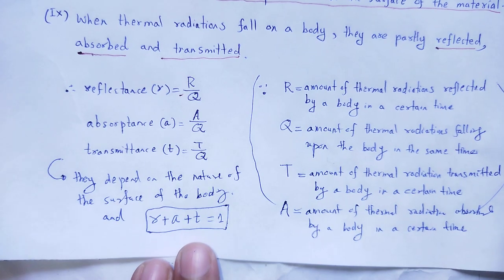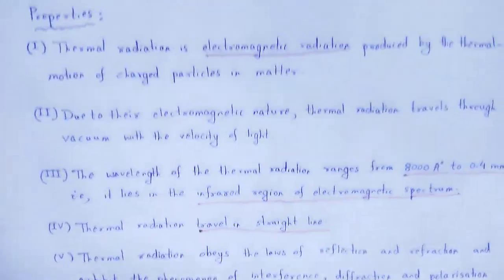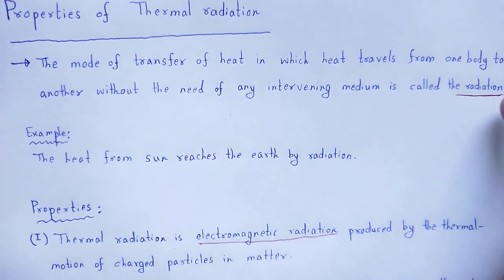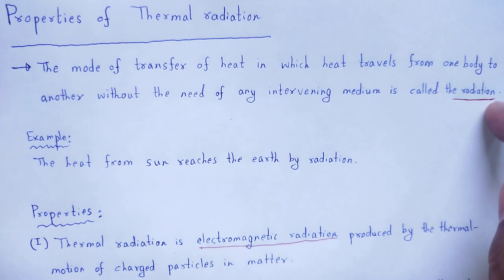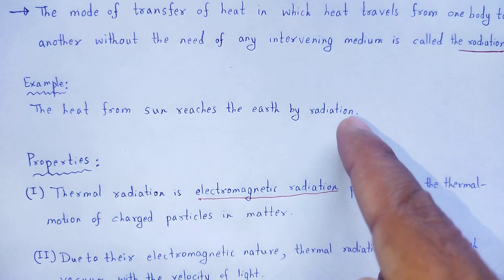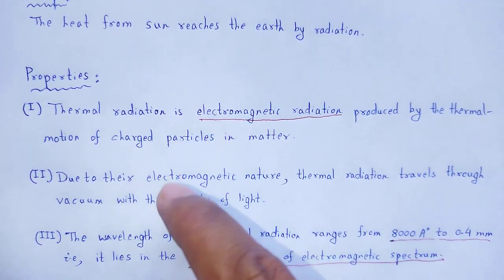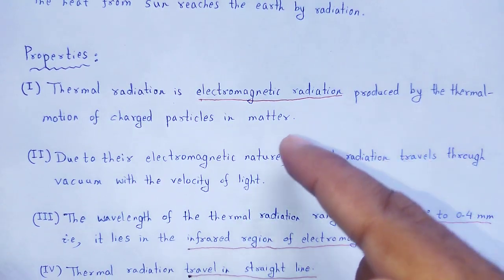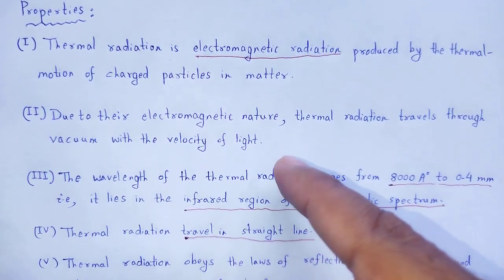So with the help of this video lecture we understand the concept of properties of thermal radiation. What is thermal radiation? This is one mode of heat transfer. We covered examples of thermal radiation and various properties. It is an electromagnetic radiation, so it follows the nature of electromagnetic waves.